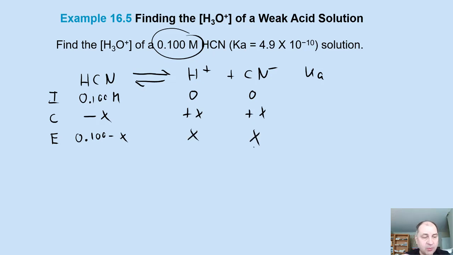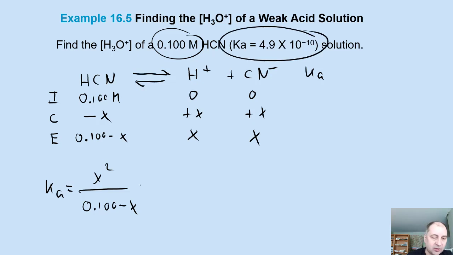Now we know that Ka is equal to x squared divided by 0.100 minus x, and we are given Ka, which is equal to 4.9 times 10 to the minus 10.